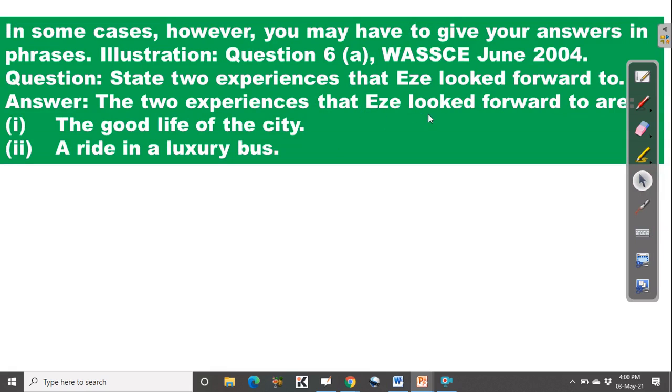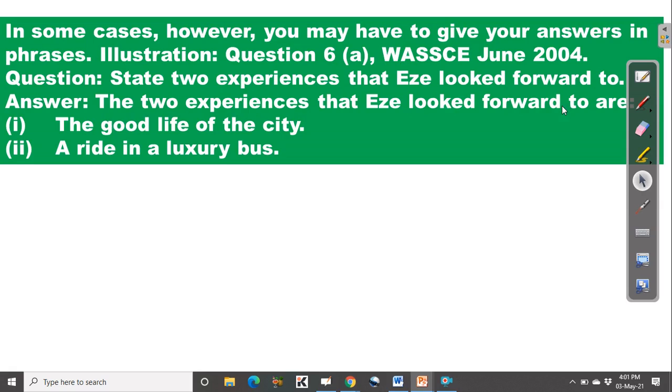Now, in some cases, however, you may have to give your answers in phrases. One of the illustrations is another question from the same June 2004 WAEC. All right. The question is, take two experiences that Eze looked forward to. You will find the passage, that's the second passage, 2004, second comprehension passage.